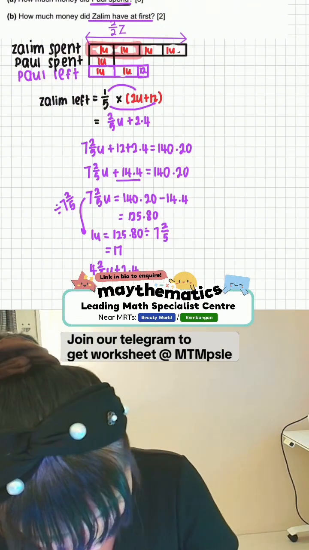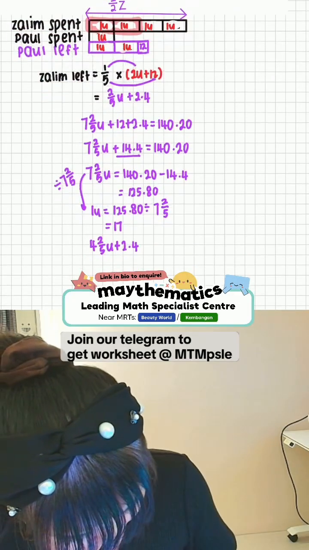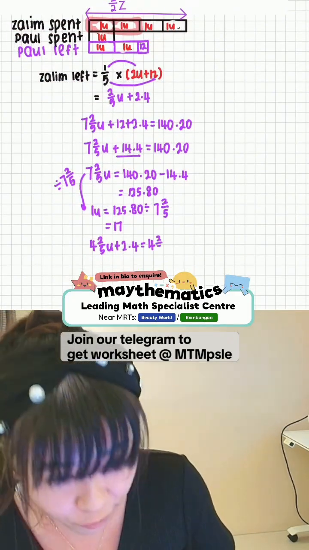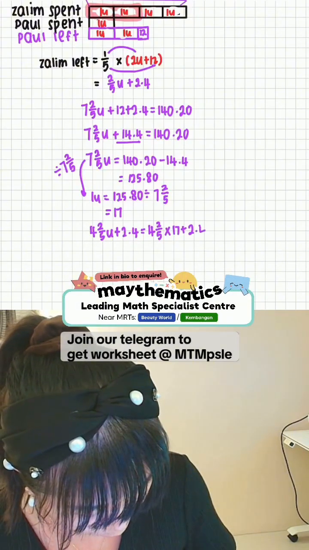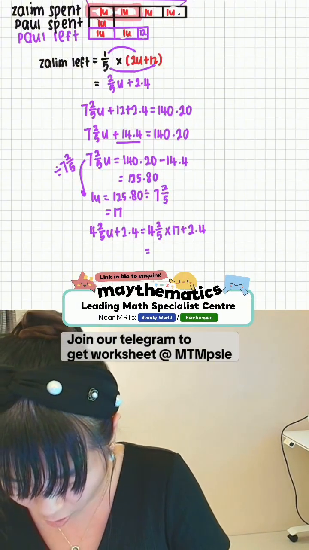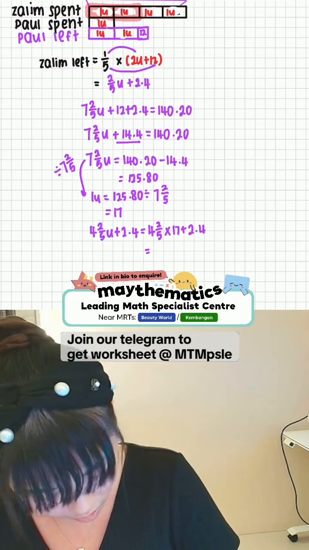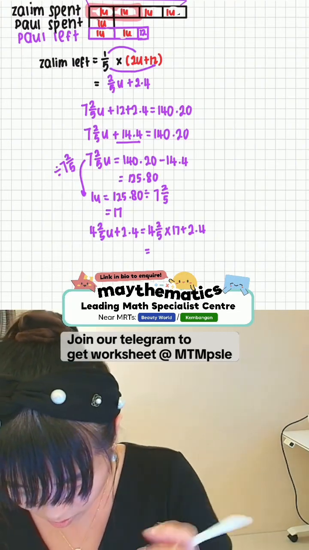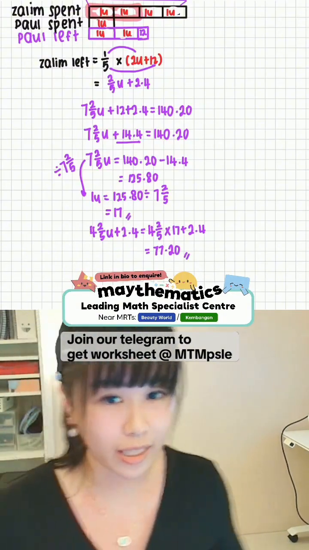That's what Zalim had at first, so you must look at Zalim's spend and Zalim's left. So it's 4 whole 2/5 times 17 plus 2.4. Likewise, if you key in the calculator correctly, you will have the same answer, 77.20. So you realize you get the same answer.